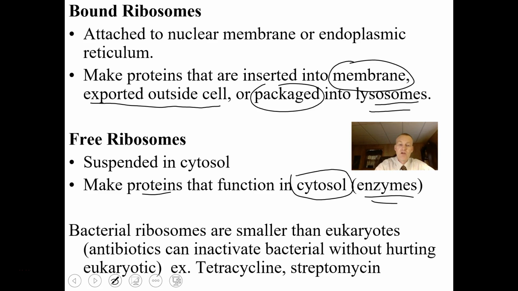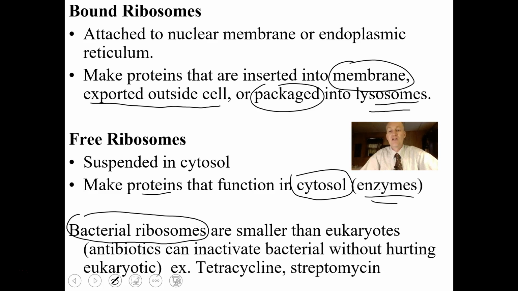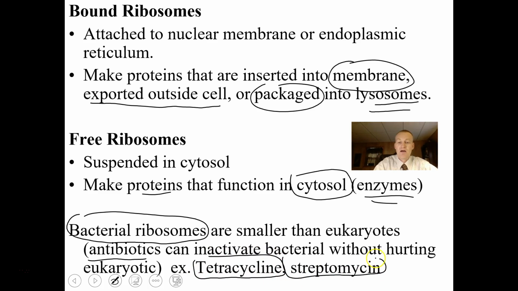Now, one oddity, or one cool thing, is that bacterial ribosomes are smaller than eukaryotic ribosomes. And because they're smaller, we can use antibiotics to inactivate those particular ribosomes. So if you've ever taken an antibiotic like tetracycline or streptomycin, these antibiotics knock out bacterial ribosomes, but they don't take out your ribosomes.